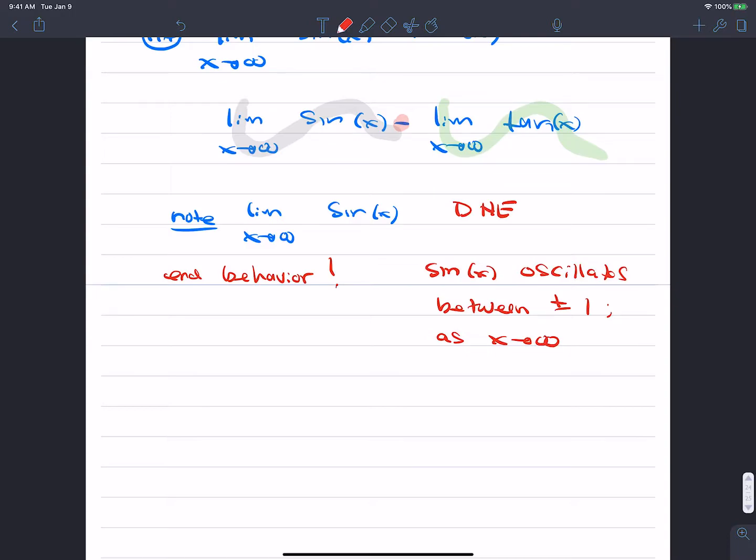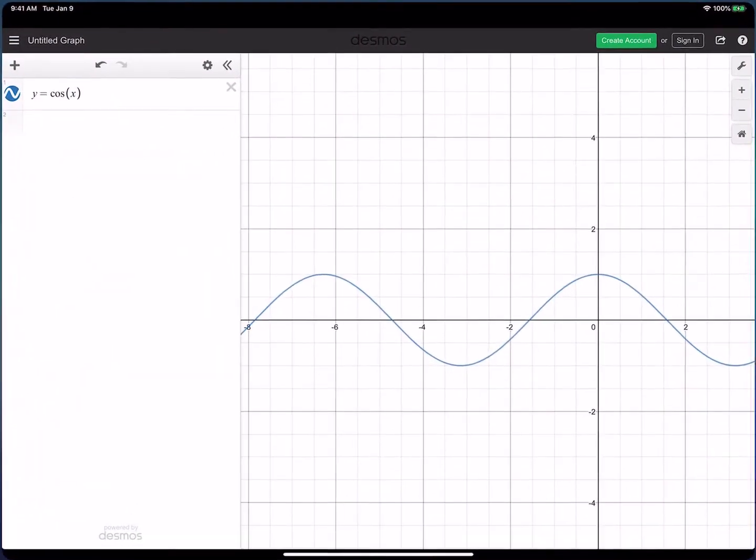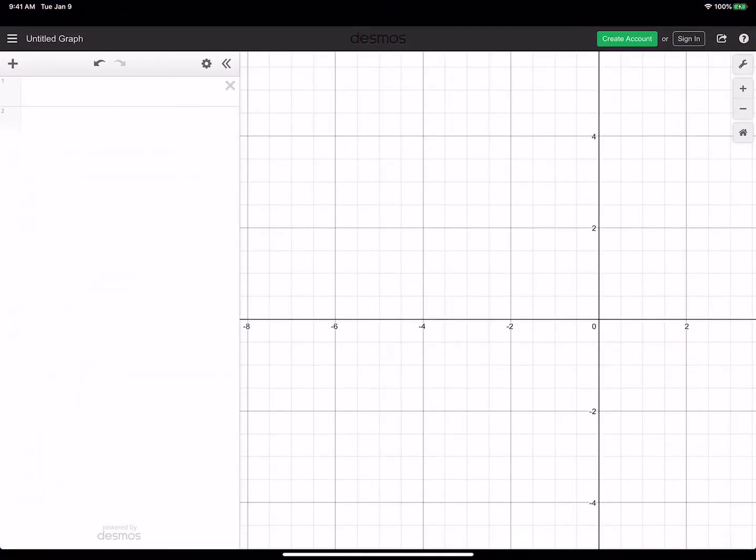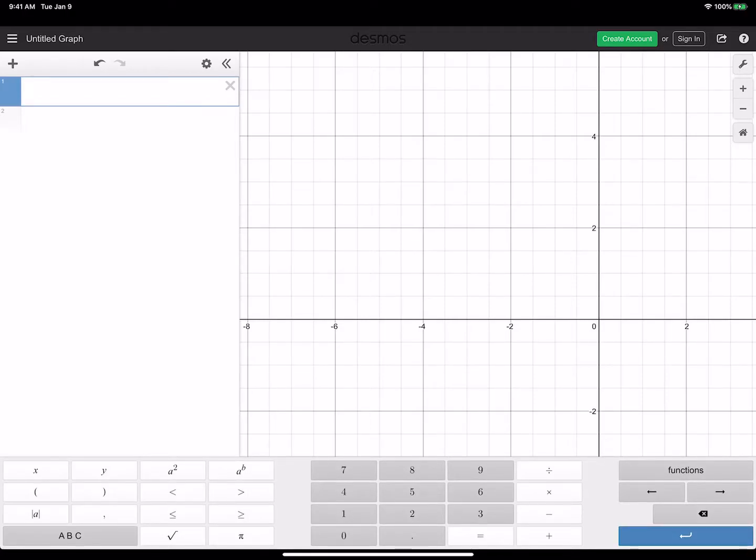So, does not exist is not saying infinity or minus infinity here, at least in a calculus 1 sense, because you're going to take calculus 2, and you're going to see what does not exist means there. But in terms of calculus 1, this isn't infinity or minus infinity. It's not even a finite value, because as x gets big, since our function's periodic, if you look at this curve, what does sine look like?